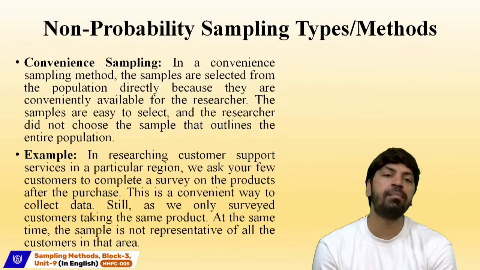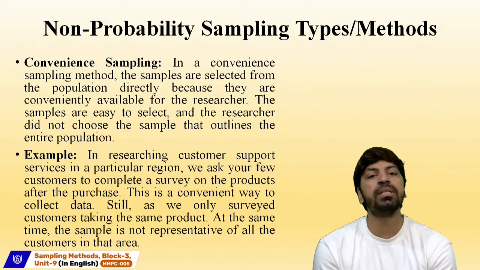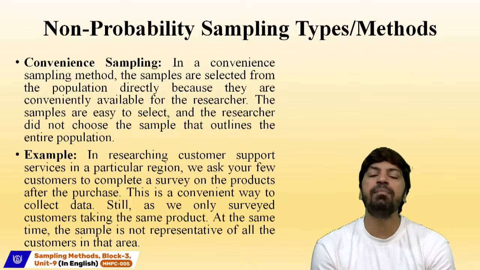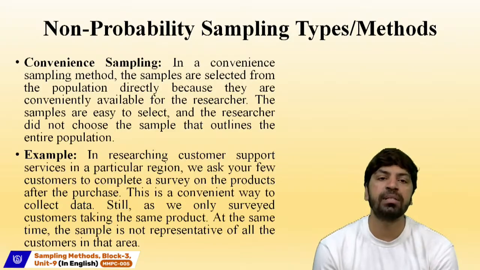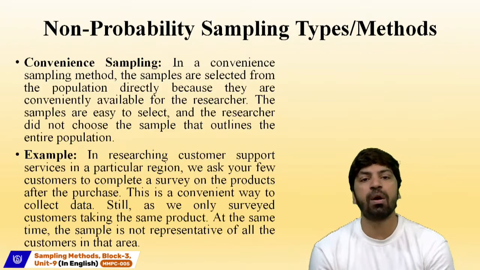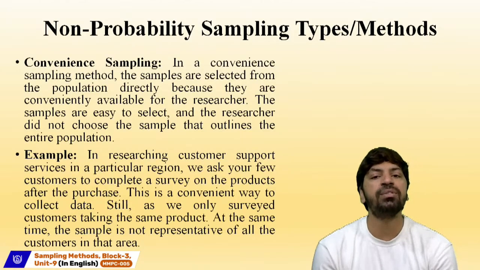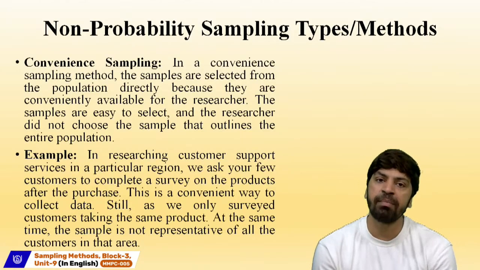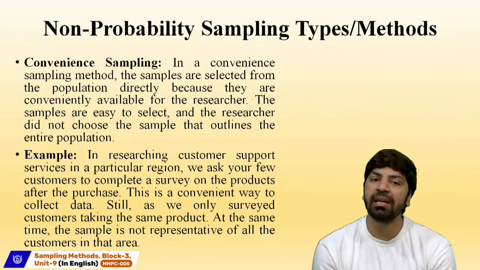Let's take an example to understand this concept. In researching customer support services in a particular region, we ask a few customers to complete a survey on the products after the purchase. This is a convenient way to collect data, but we only survey customers buying the same product.